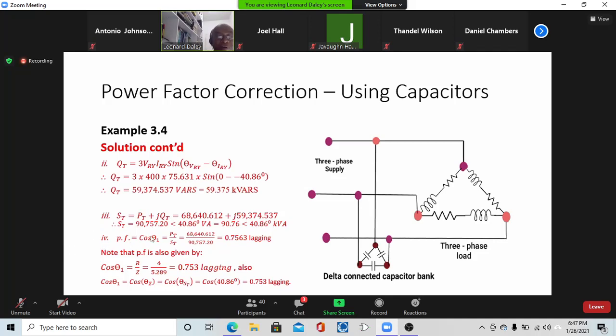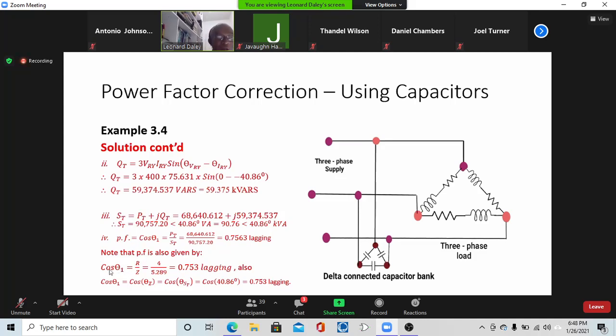And then power factor from the power triangle is equal to PT over ST. And it works out to be 0.7563. And since we know it's an inductive load, it's lagging. Okay.